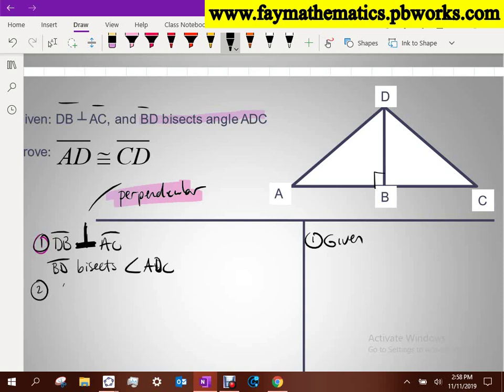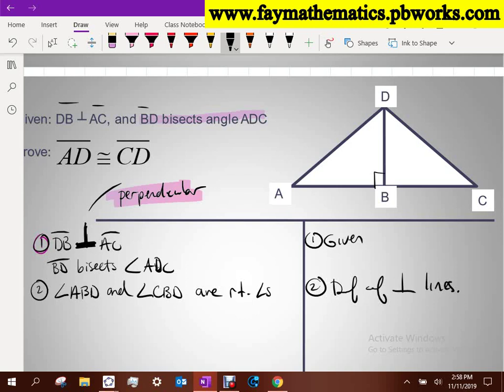I need to identify it. I'm going to say angle ABD and angle CBD are right angles. And that's the definition of perpendicular lines. Okay? Someone will ask us, why can't I say ABD and CBD equal 90 degrees?